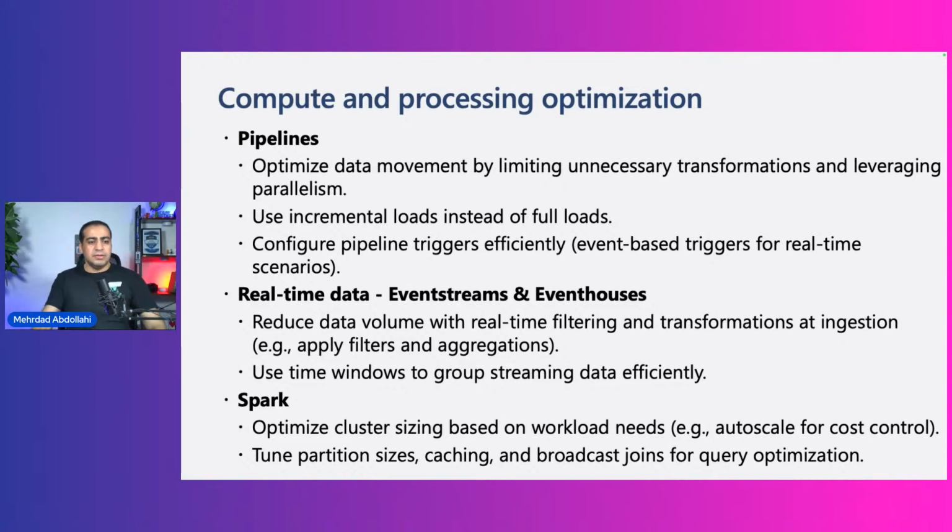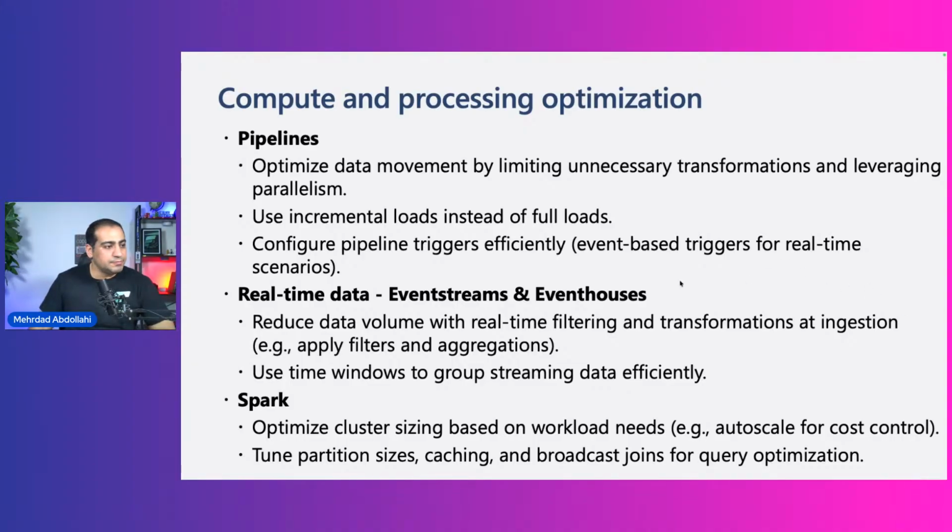And the partition size needs to be tuned. What partitioning type, or what column are you going to use for your partitions? Think of that, and whether you can cache or use broadcast joins in the query optimization in Spark.